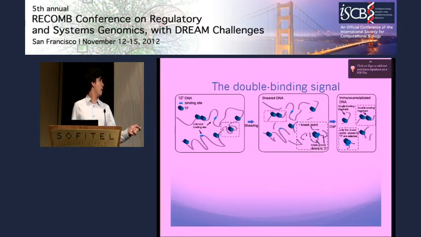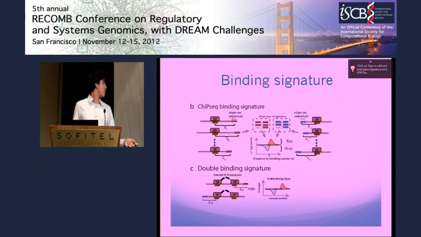We model a case where DNA fragments contain 2 sites bound at the same time. In this case, we would have 2 potential impulse responses, one for DNA fragments that contain only 1 bound transcription factor, and another for when there are 2 bound sites at the same time. We call them single and double binding signals.